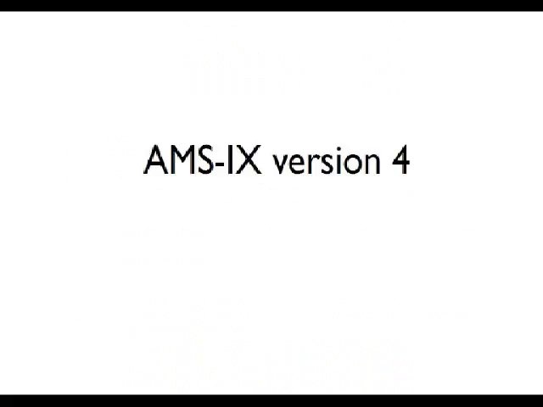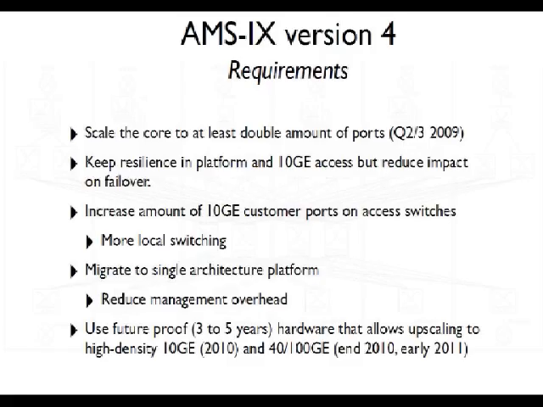So we started to think about a totally new network. And the requirements were that, at least in the core, we needed a double amount of ports. And we needed to do that by putting switches in parallel, which is something you cannot do with plain Ethernet. It will create a massive loop.